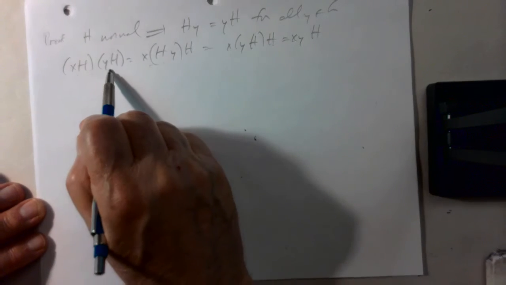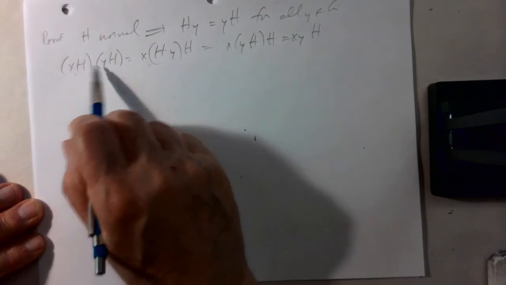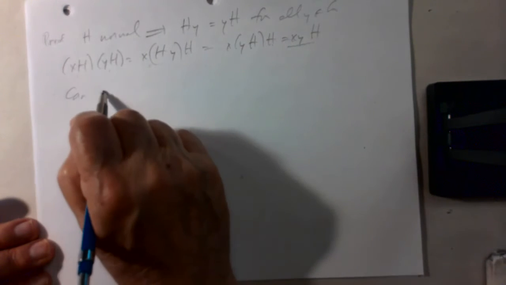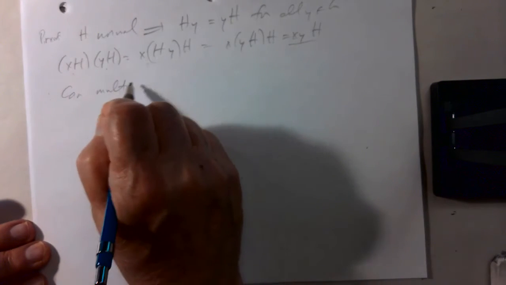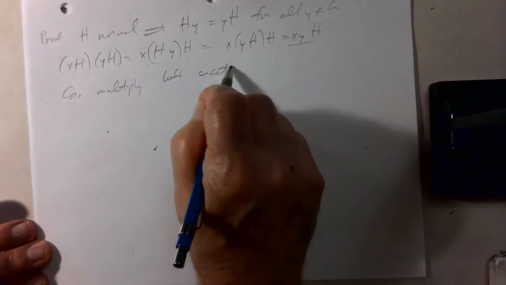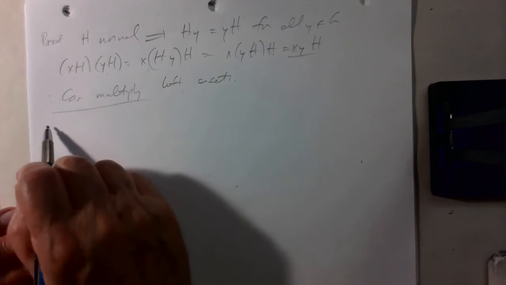So the product of these two sets, whatever is in them, is this. Therefore, we can multiply left cosets.